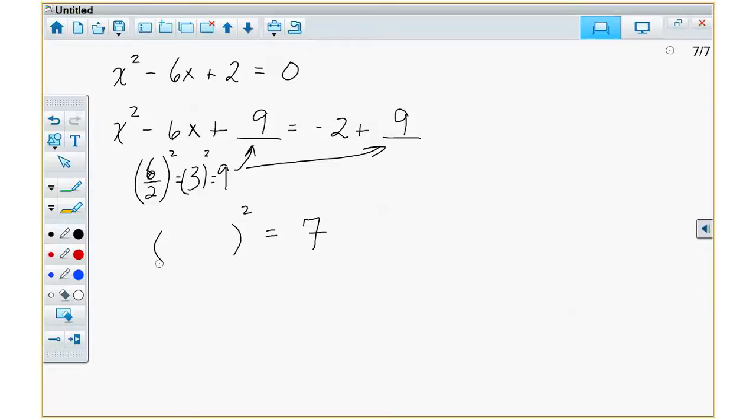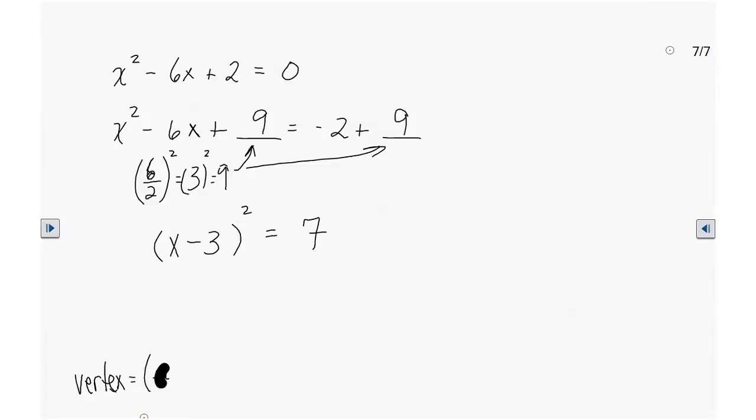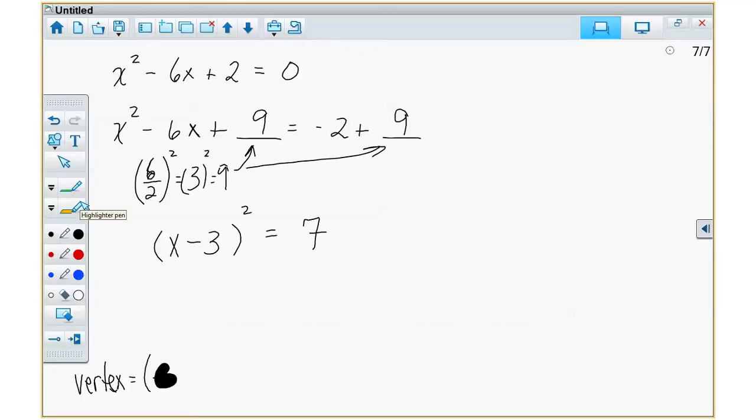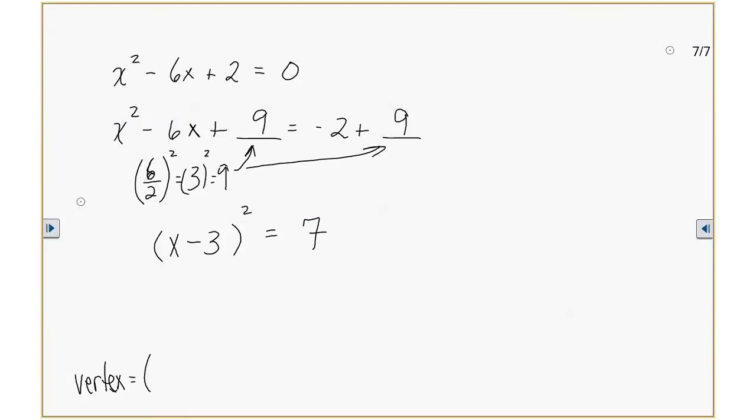x minus 3 quantity squared. And now you have your vertex. Vertex is equal to negative, I'm sorry, I can't read. I don't know how that happened. Three comma negative 7.